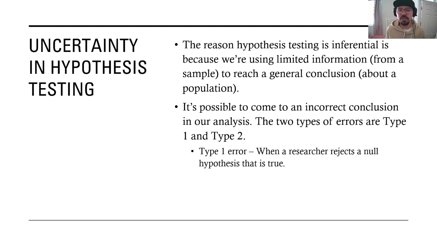To put this into an example, let's say I'm running my analysis on how many hours are needed in order to score higher than 80%. And let's say I come to the conclusion through my analysis that 5 hours of studying results in a higher score than the average. If I come to that conclusion, I say, yeah, there's a significant difference between students who study for 5 hours versus those who study for 3 hours, and I put that out into the world, then people are going to say, wow, this is amazing research.